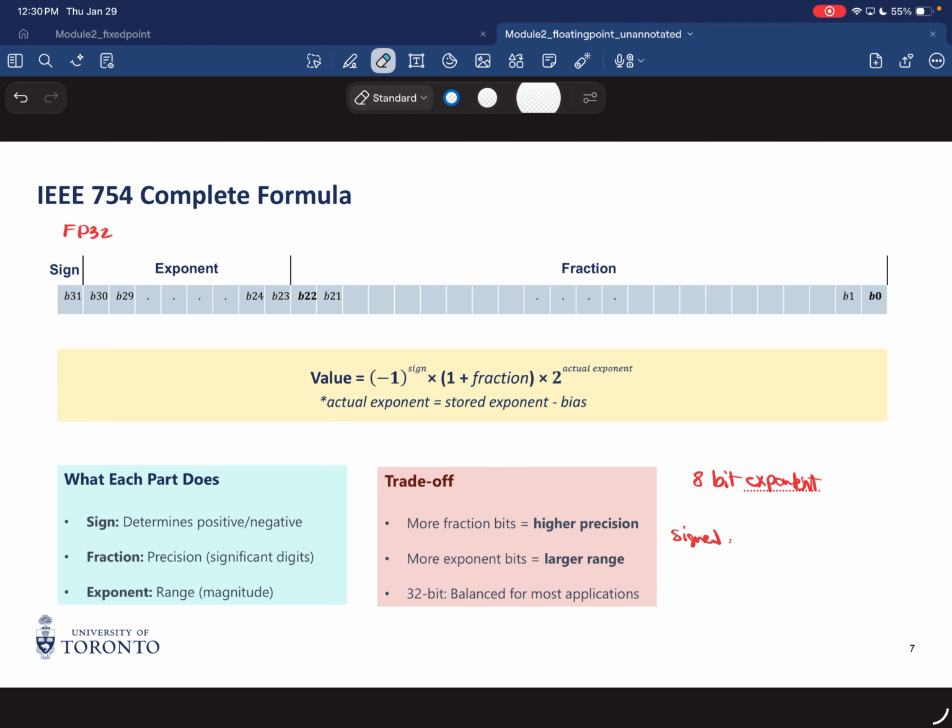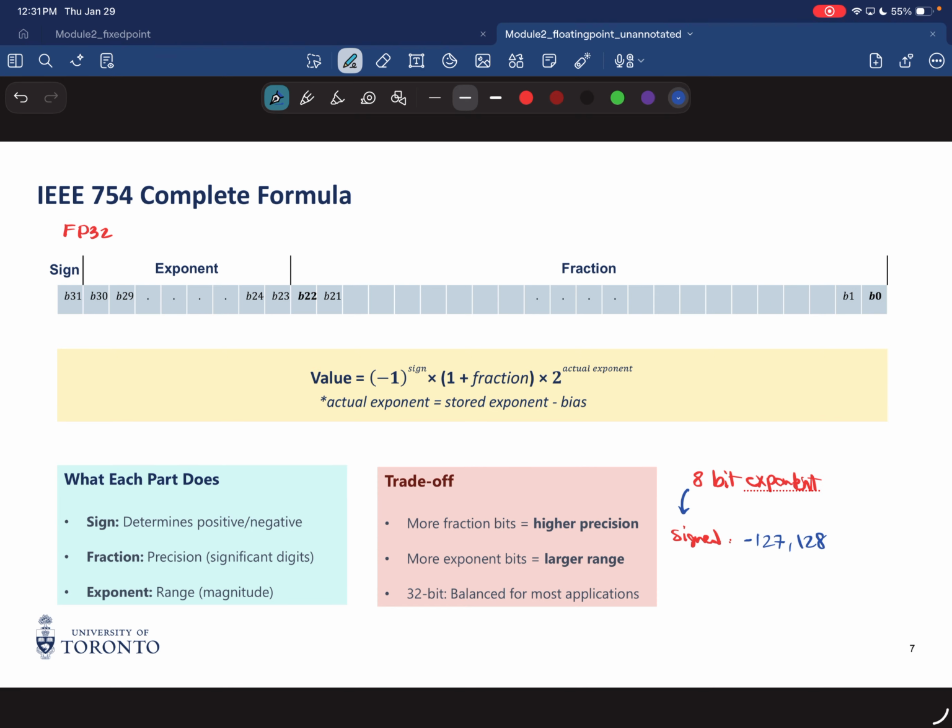Minus 2 to the power of 8? You have one bit as the sign, right? So it's minus 2 to the power of 7, if it was signed.